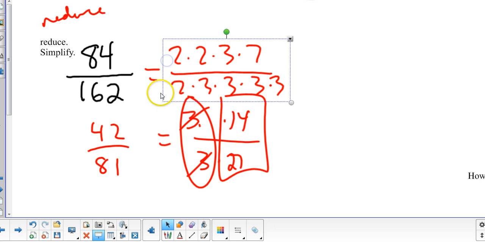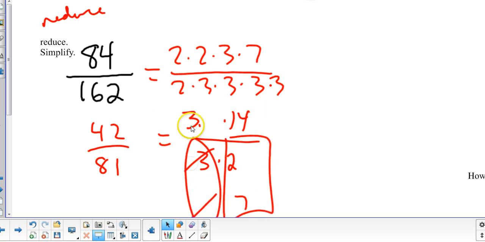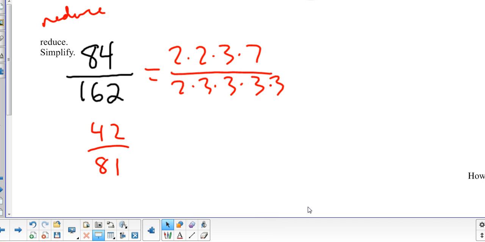But if instead, all right, let's just get rid of this. If instead I did the factorizations of the numerator and denominator, 84 is 12 times 7, so 12 is 2 times 3 really quickly. 162 is 81 times 2, so 81 is 3 to the 4th power.